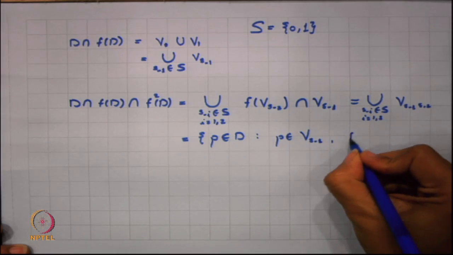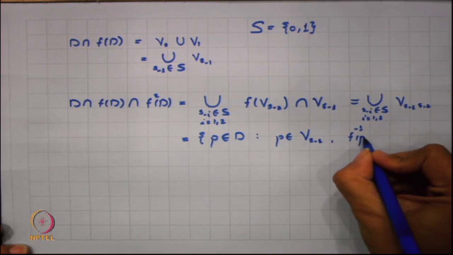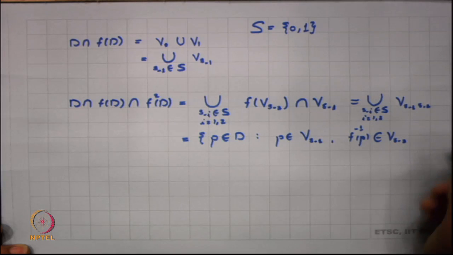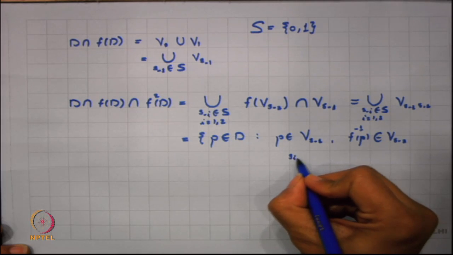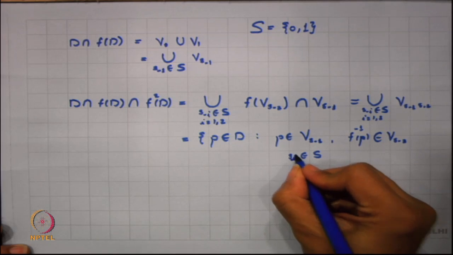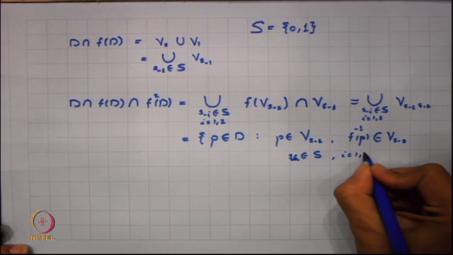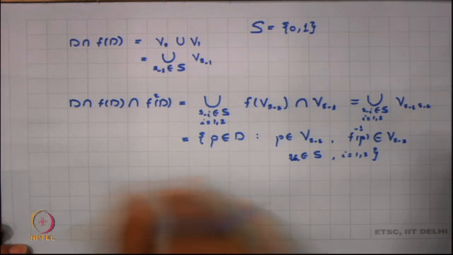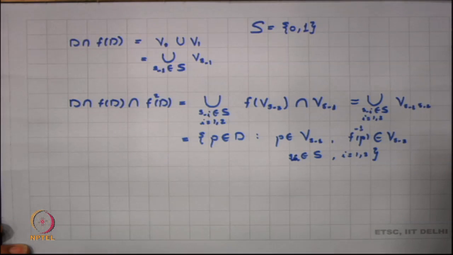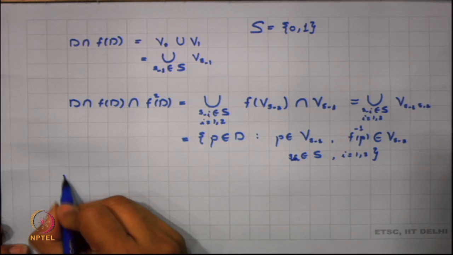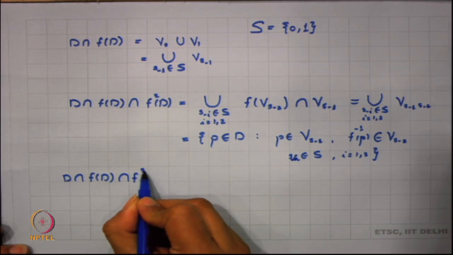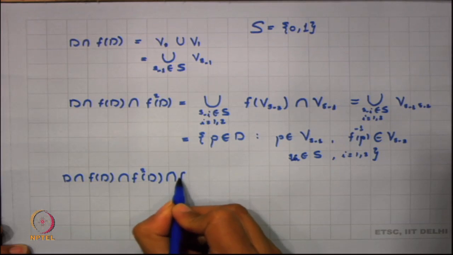So, I am looking into F inverse P belonging to V S minus 2, where S minus I belongs to S and I is 1, 2. So, I am looking into essentially these points. This makes it easier for me to guess what D intersection F of D intersection F square D intersection F cube D is.